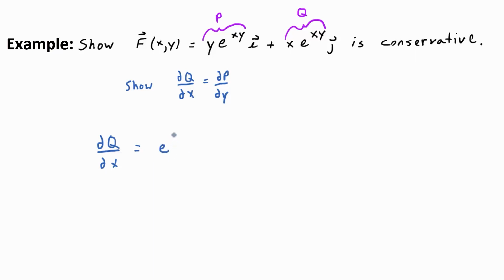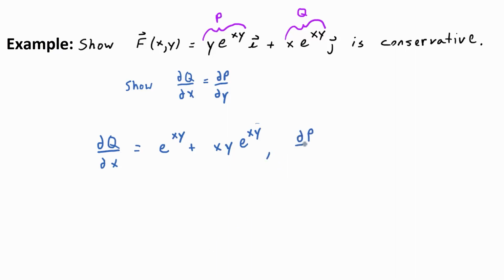Derivative of the first, which is 1, times the second, plus the first times the derivative of the second, that's the product rule. Okay, what's the derivative of e to the xy with respect to x? e to the xy times y by regular chain rule, right? You buy that?